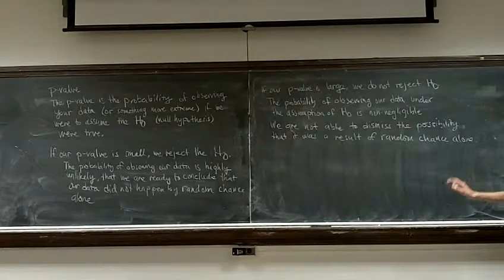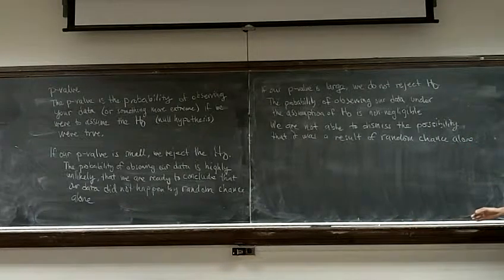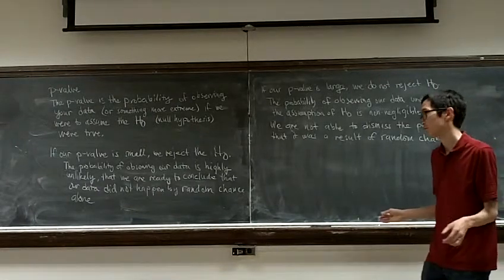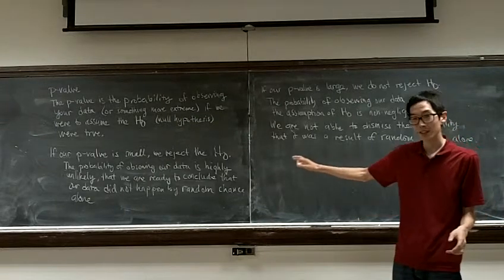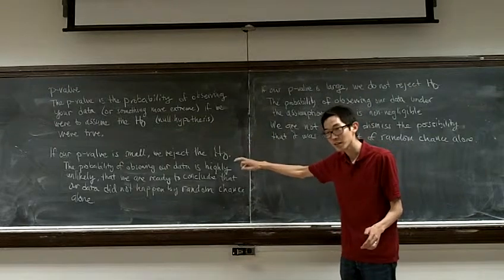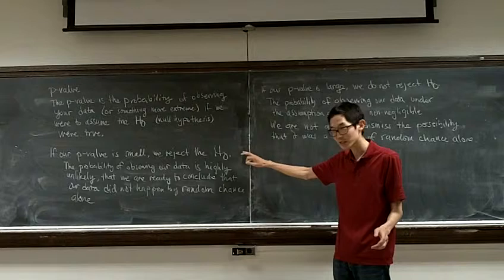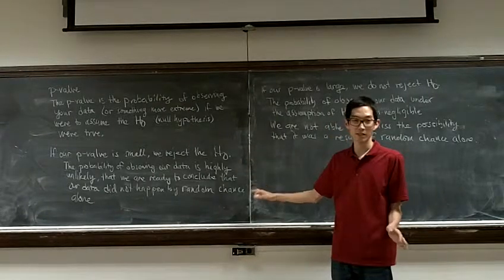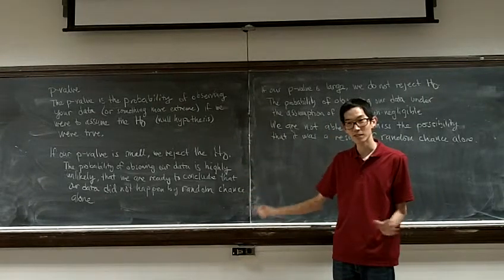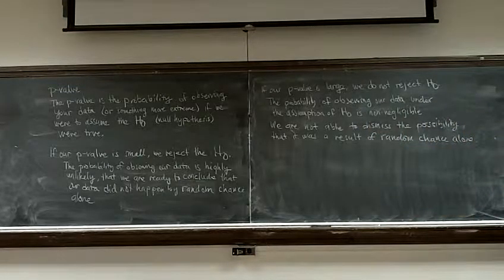It's possible. Highly unlikely, but it's possible. So a small p-value just says the thing that our data observed is highly unlikely, but it is still possible. Everything is possible unless you have a 0. Yeah. What exactly did you mean by non-negligible?